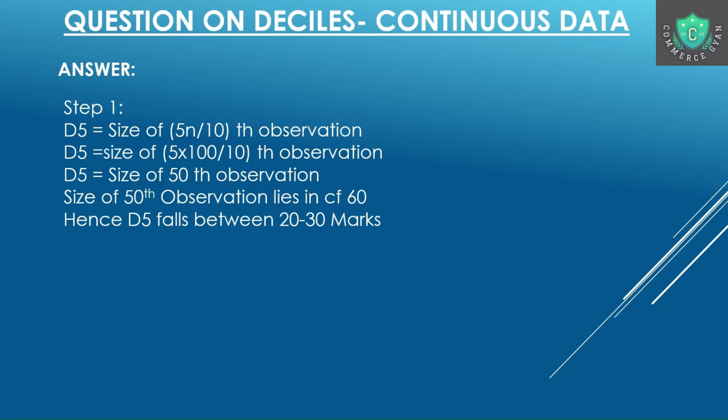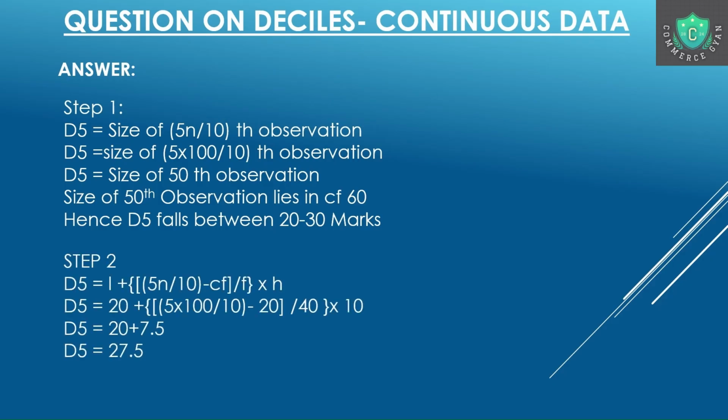Now step 2. For this decile class, we need to actually calculate the D5. We have the class. We don't have the exact D5. So we need to compute D5. Use the lower limit L, which is 20, plus 5n, 5 into 100 upon 10, minus the cumulative frequency of the previous class. Previous class is what? 10 to 20. Right? So for 10 to 20, the cumulative frequency is 20.